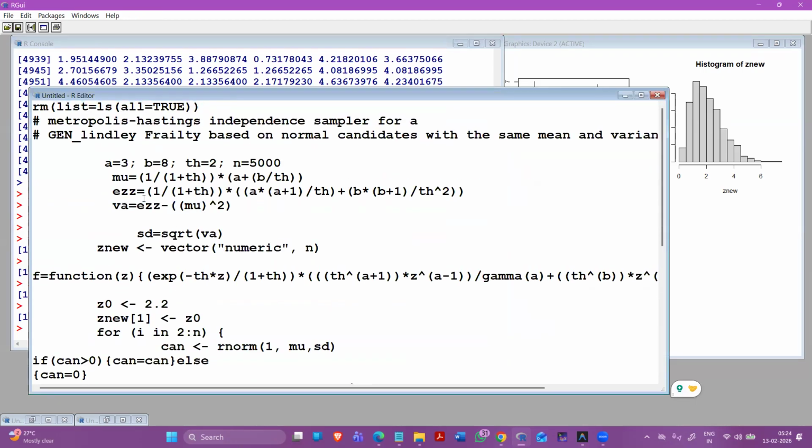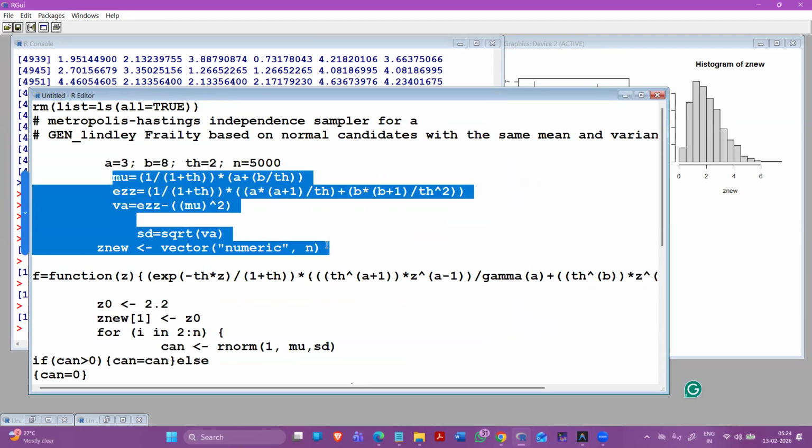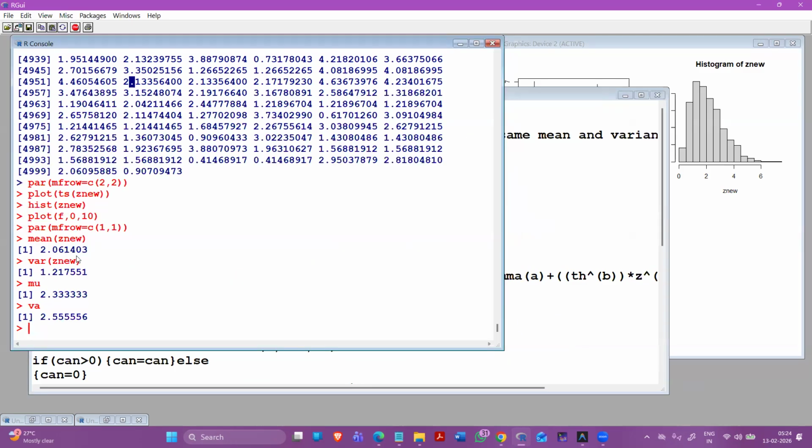From the generated values, the mean is 2.06, which is close to 2.33, but the variance is not as big as the one I got from the formula. It is happening because I am generating random numbers, so variance can vary this much.